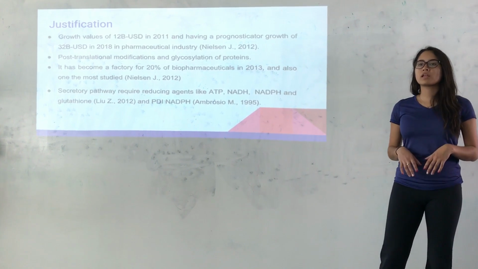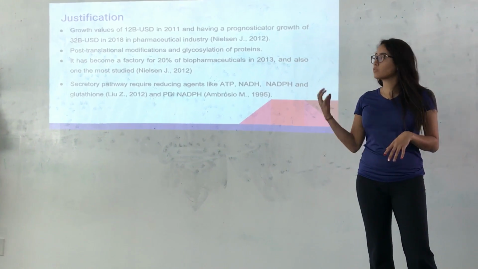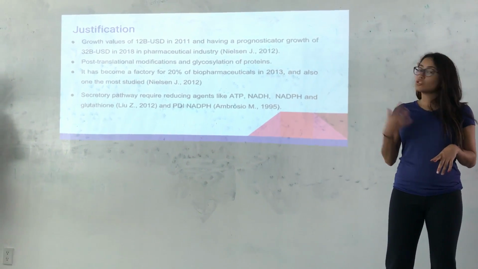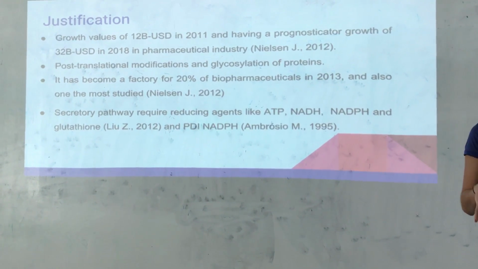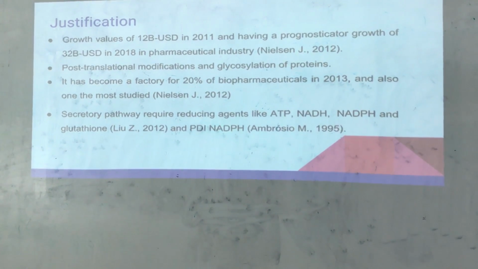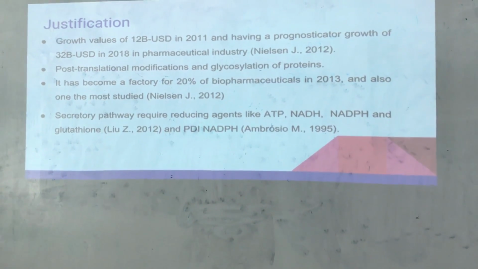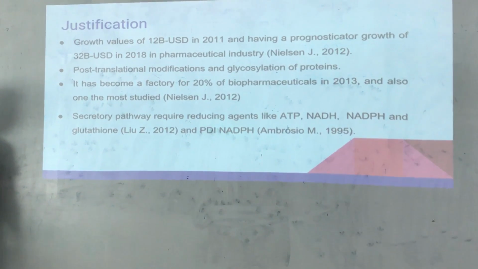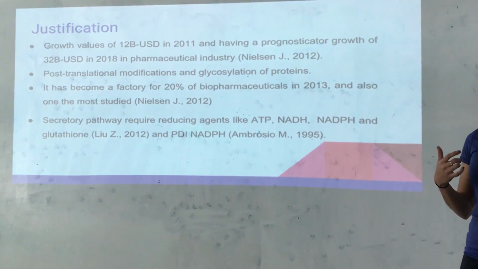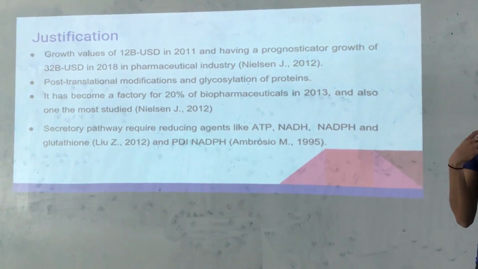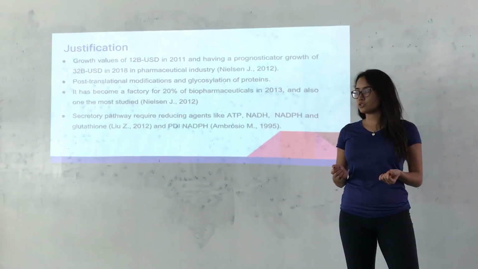Also, it's important to recognize that the pharmaceutical enterprises had a gross net income of $2,000 billion in 2011, and a growth of $32 billion was projected for this industry by 2018. Also, this organism has the ability to make post-translational modifications, like the well-known glycosylation of proteins, and it accounts for 20% of all recombinant biopharmaceutical proteins in the industry.